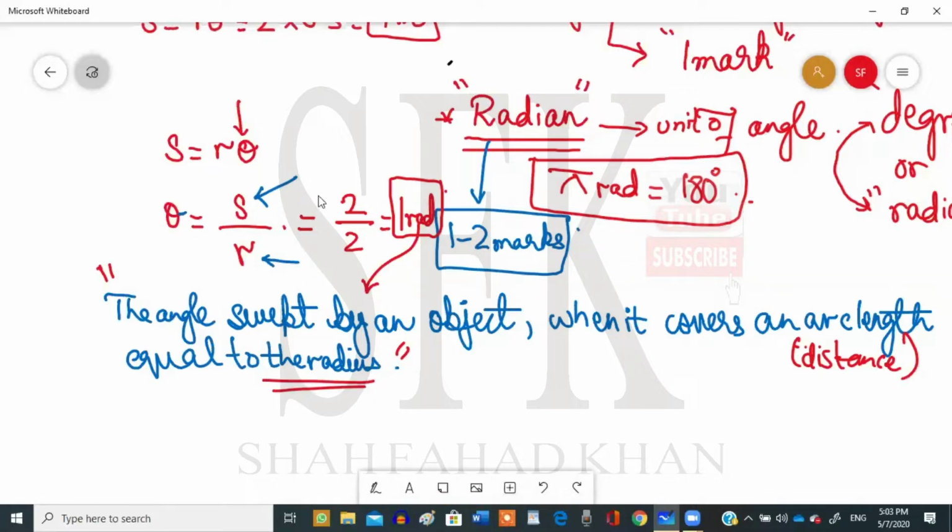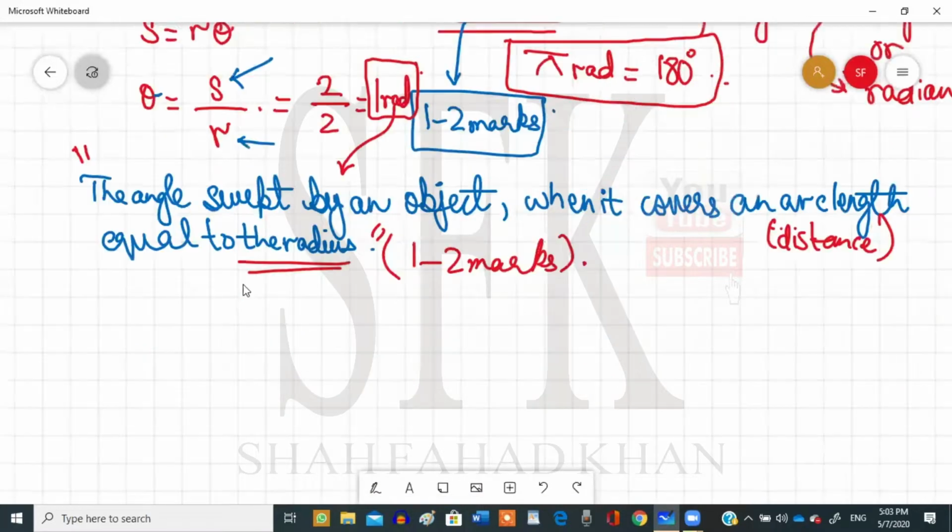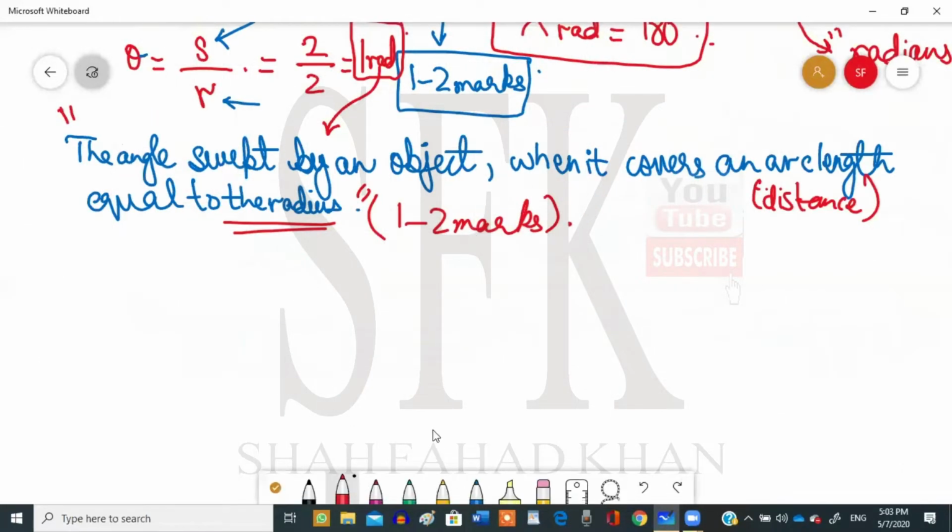Okay, this is the definition of a radian, and this is almost always asked for 1 to 2 marks. Guys, this is what you need to remember. In several places in the marking scheme, the wording keeps on changing a bit. So you could just go with the latest marking scheme, according to which the definition is slightly different. It's actually the same, but the wording is a bit different.